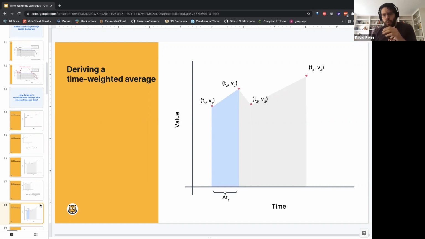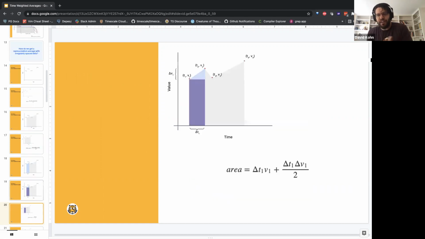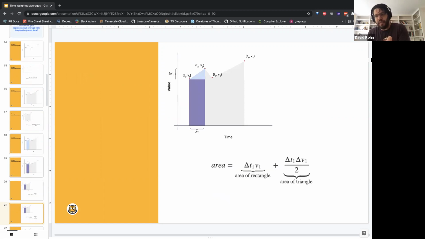So looking at this trapezoid here, we can see that it breaks down into just a rectangle and a triangle. And if I look at how I would get a formula for the area of that, it's going to be something like this, where I get the area of the rectangle and then the area of the triangle. I'm going to add those up. So between T1, V1, T2, V2, my first 2 points, this is going to be the area that I get for that part.